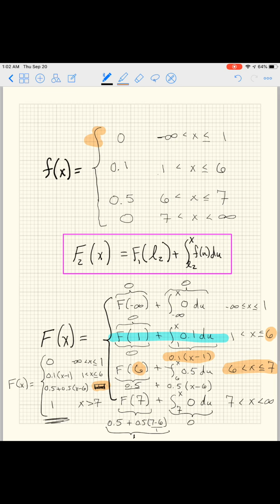I just kept using the big F from the previous row to give me the constant that I carry on to the next row. So this row became the constant for the next row, this row became the constant for the next row, and so on and so forth. And that kind of reflects how a CDF is always monotonically increasing.